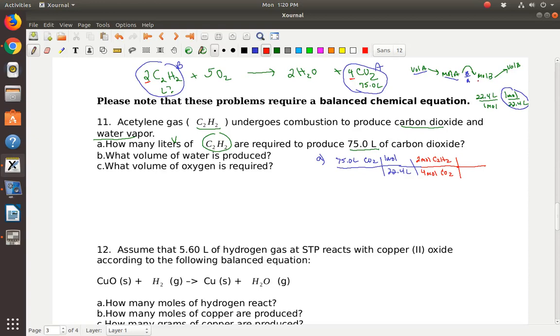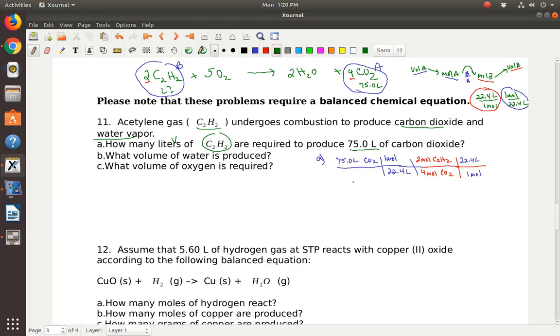And now that gets us to this part right here, and we need to go back to volume. So I'm going to use the molar volume again, 22.4 liters in every 1 mole to get us back to volume.